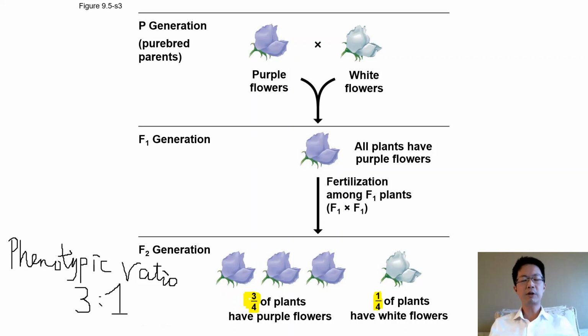What's the meaning of phenotype? It means the variation of the trait. Here, we are studying the trait, which is the flower color, and the phenotype is purple and white. That's why we call it the phenotypic ratio. So we got 3 purple flowers and 1 white flower.